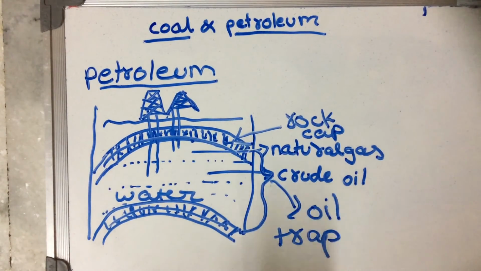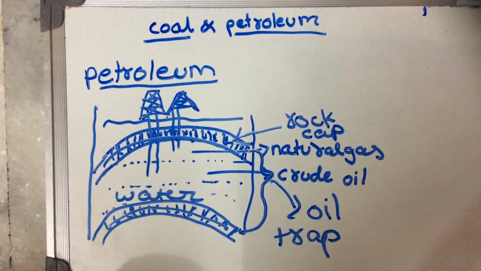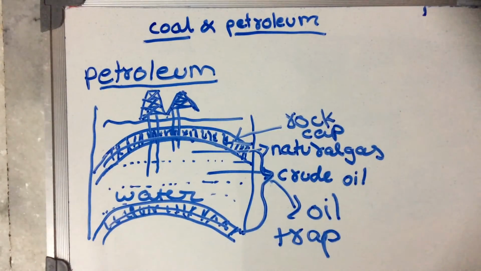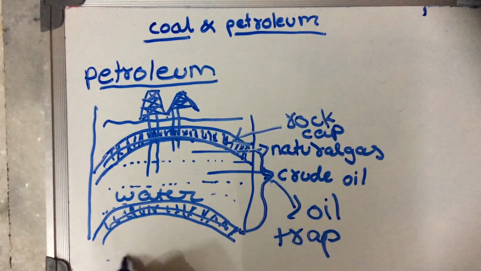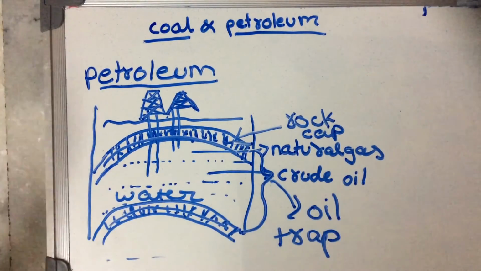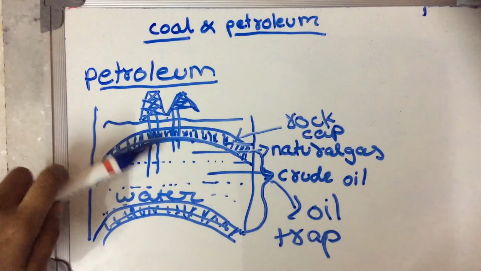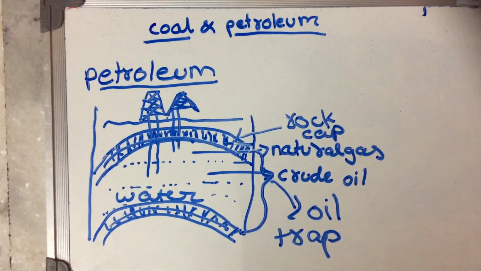Let's talk about drilling of oil wells. When prospective sites of petroleum are located, which means sites in the sea where we can find petroleum in a contraption like this, a hole is drilled in the earth's crust by using oil rigs.